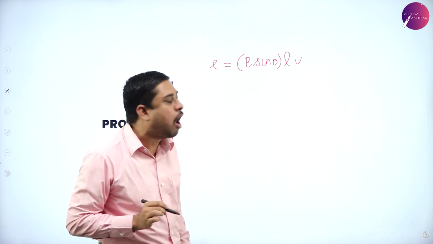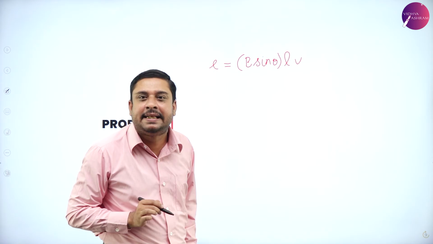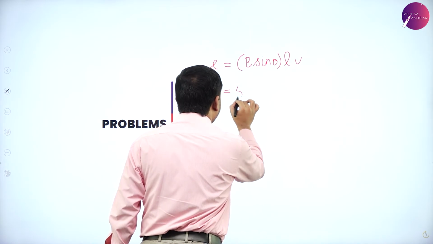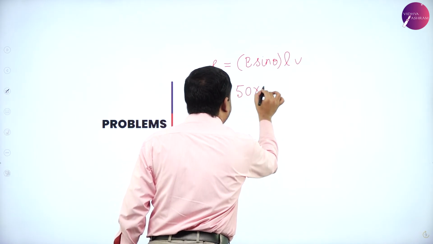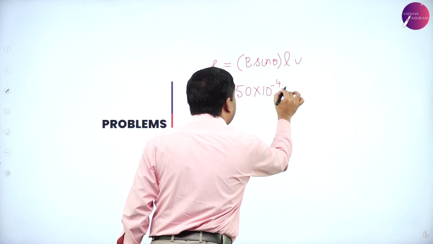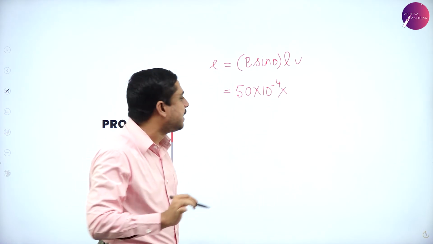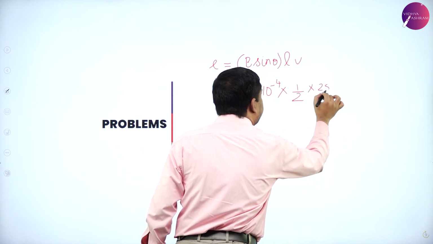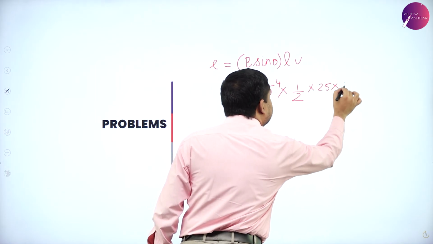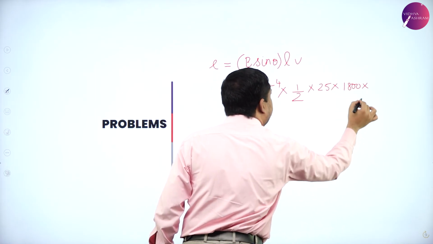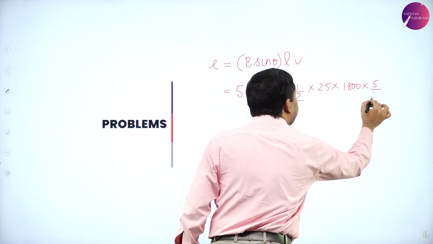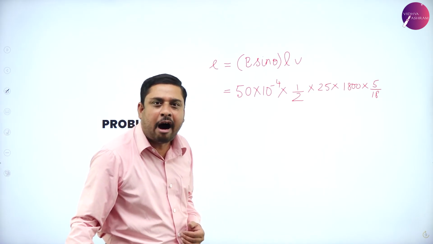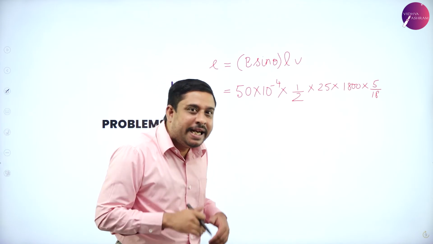Since the vertical component is given, B sin theta L into V, or this is B is 50 into 10 power minus 4, dip angle is 30, sin 30 is half, L is 25, and velocity 1800 into 5 by 18, because 1800 kilometer per hour is to be converted to meter per second.